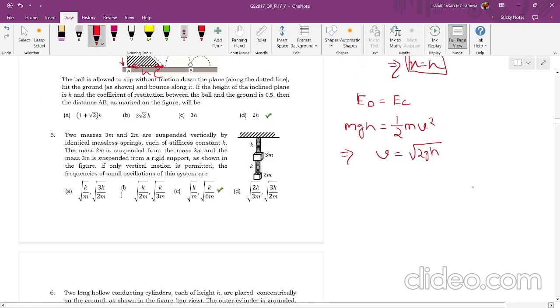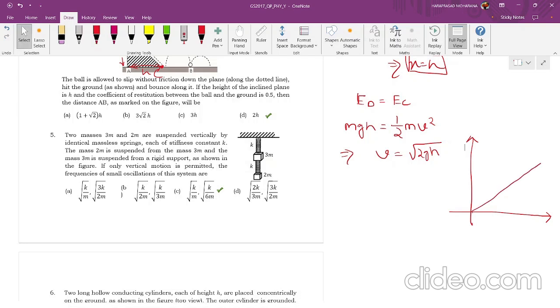So from the graph, I could draw like this. This thing goes like this. So this angle is theta.